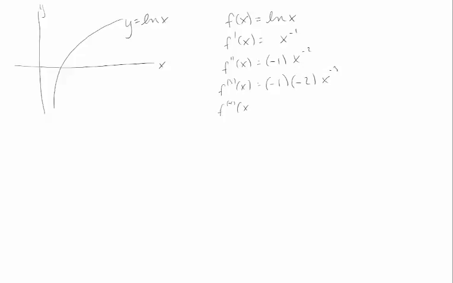For the fourth derivative, I bring down that minus 3, so it's minus 1, minus 2, minus 3, x to the minus 4, and so on. Let's do one more just to make it really obvious what's going on.